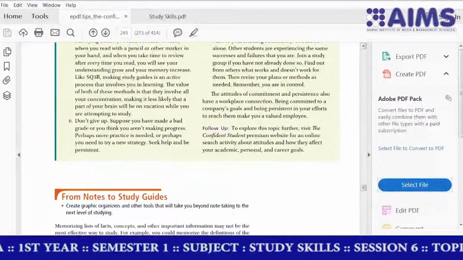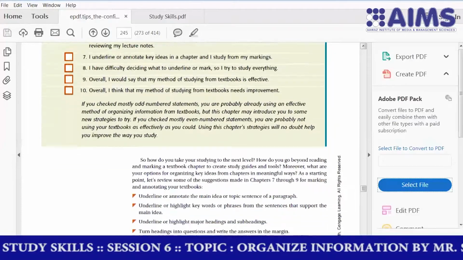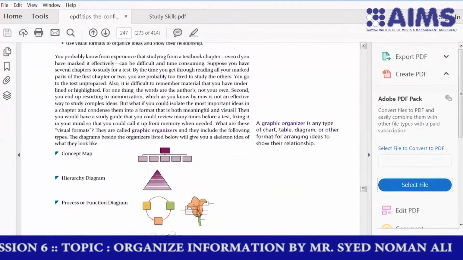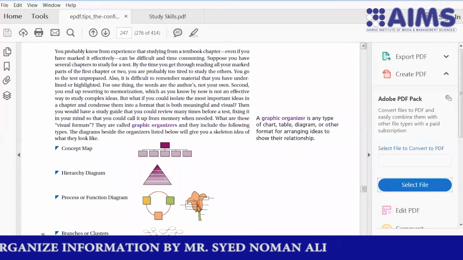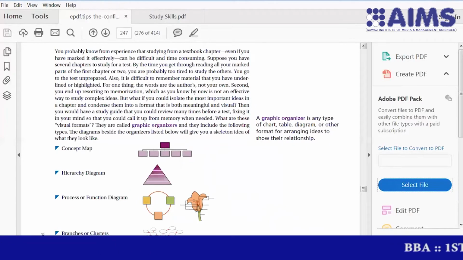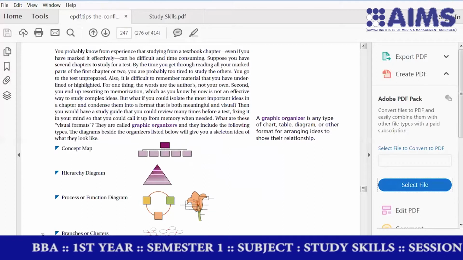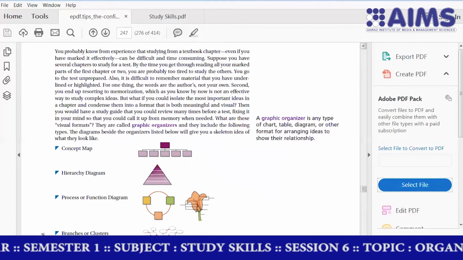So that was the representation of data in different diagram forms. We have seen the concept map, the hierarchy map, the process and function diagram, and the fourth one is the branch or cluster idea. In a concept map, we list the main head and subdivide it into different heads. Subcategories are there.